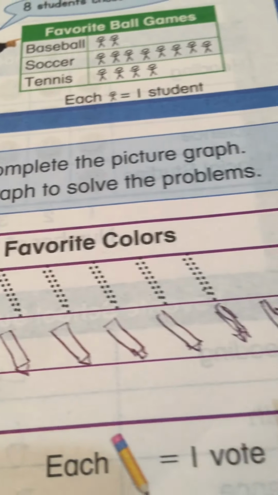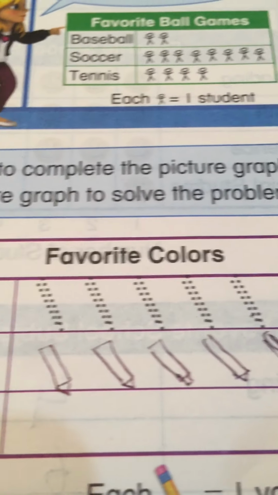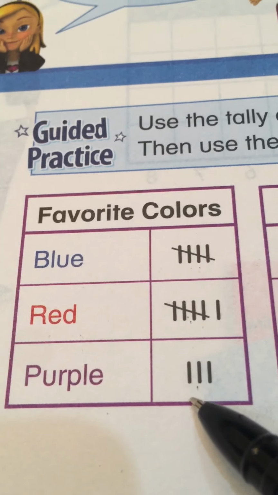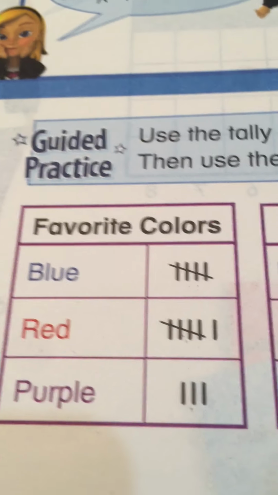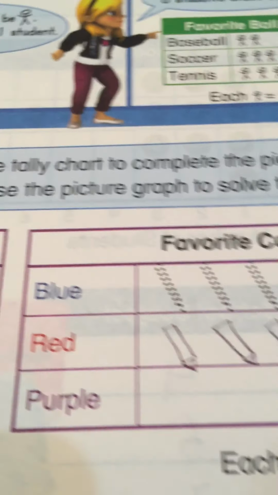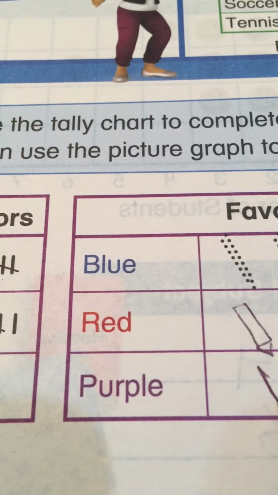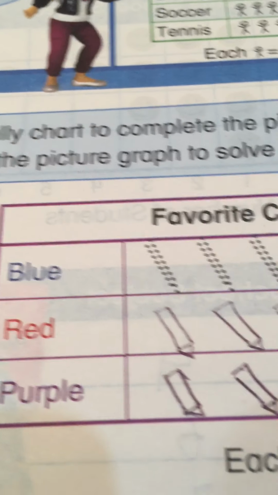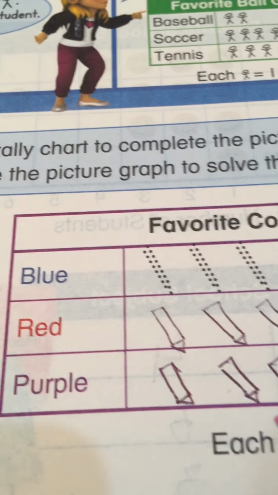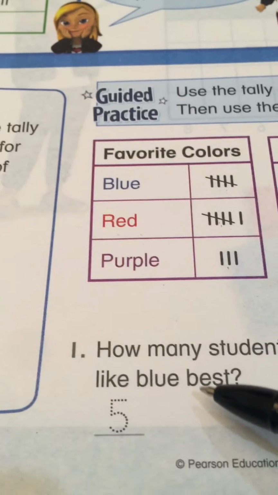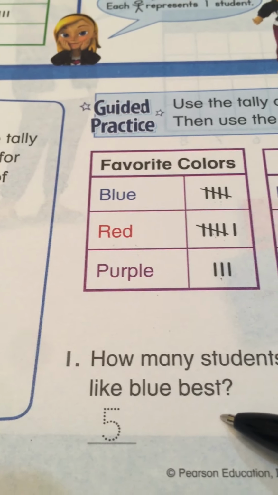Here I have red that has 6, then I draw 6 ugly pencils. So look at the purple. How many tallies do we have in the purple? We have 3 tallies. That means 3 pencils, because 1 pencil represents 1 vote. So we will draw 3 ugly pencils of Miss Fatma's drawing. Okay, so 3 pencils.